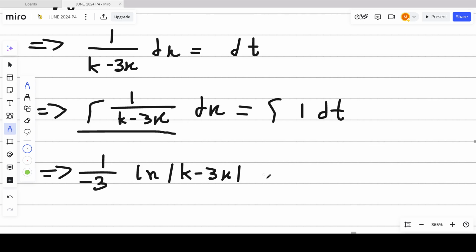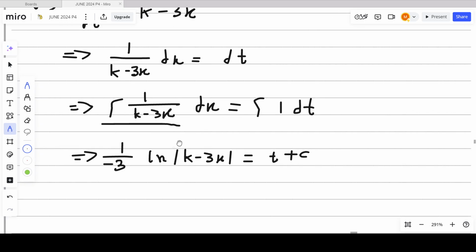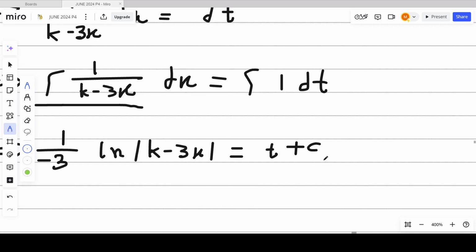On the other side, the integration of 1, with respect to t, would be t, plus c. We have to add c, which is an arbitrary constant.